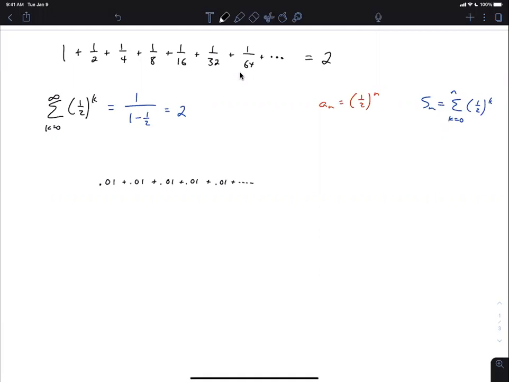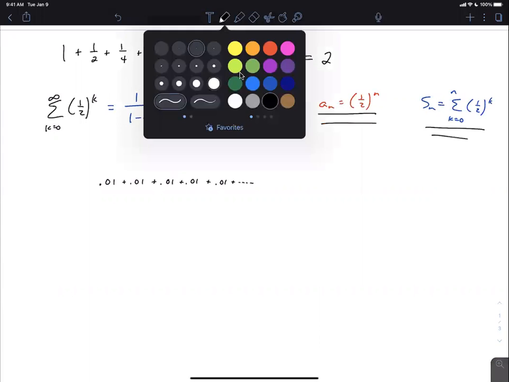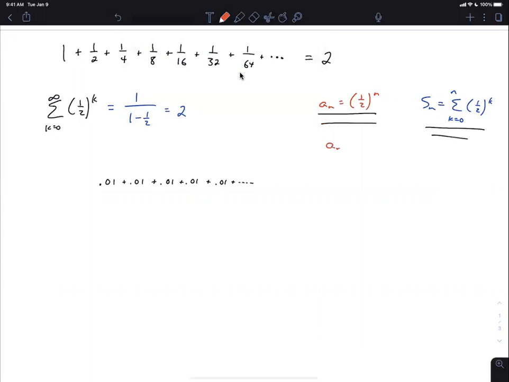If I add that infinitely, then what happens? That goes to infinity. So remember we've got the sequence and the series. The sequence here, a_n, goes to 0. That allows this not to go to infinity.